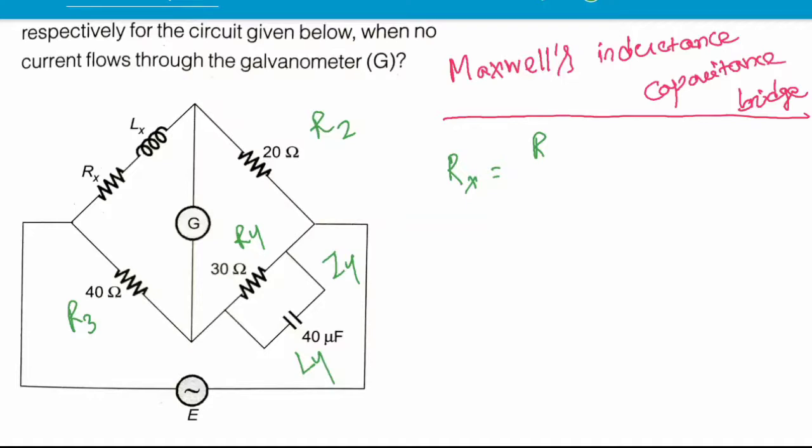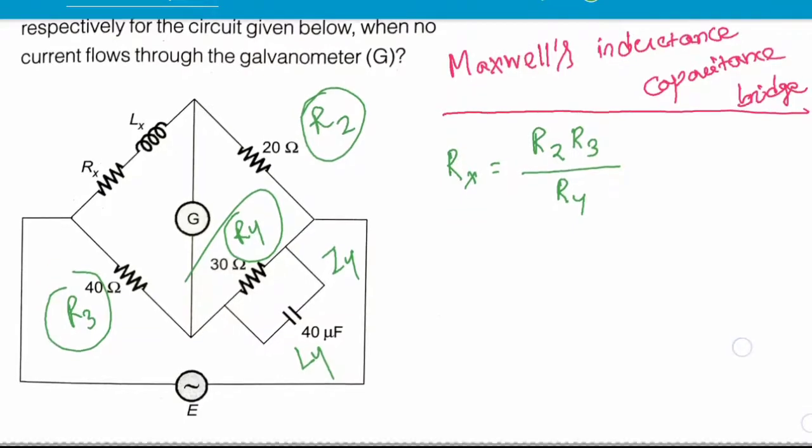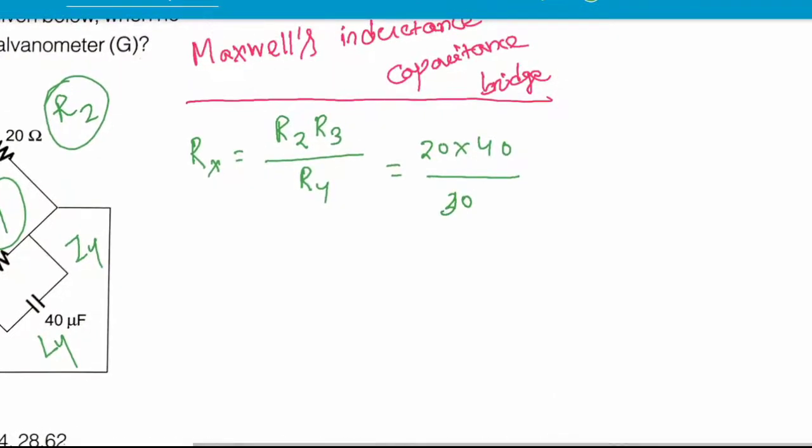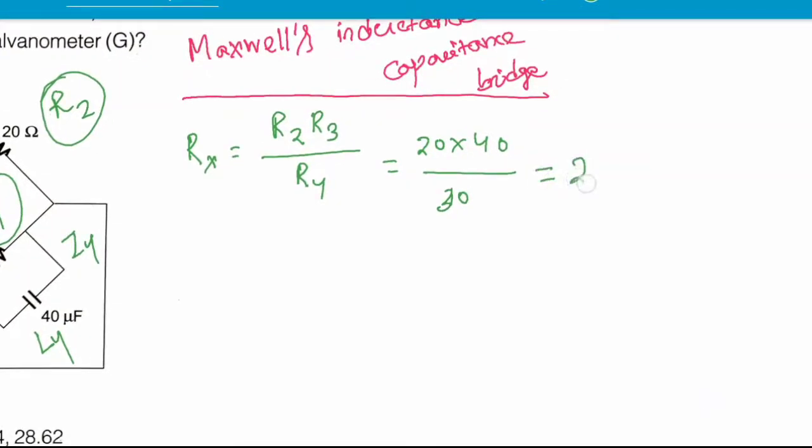So Rx will be R2 R3 by R4. Very simply, R2 R3 by R4, and this will be equal to 20 into 40 by R4, that is 30, and this will come to be around 26.666, and I am writing 26.67 ohm.